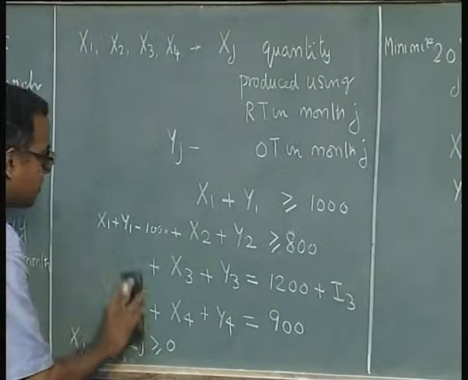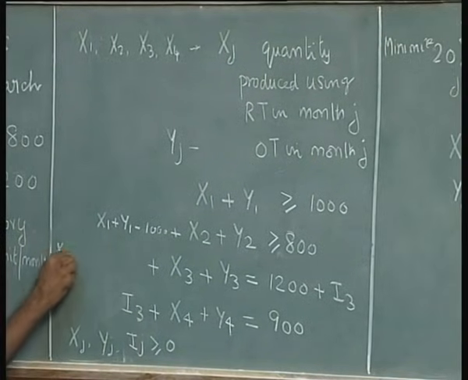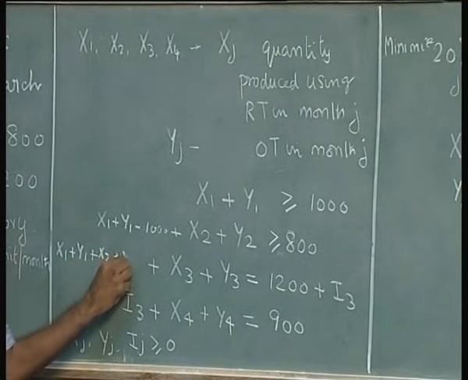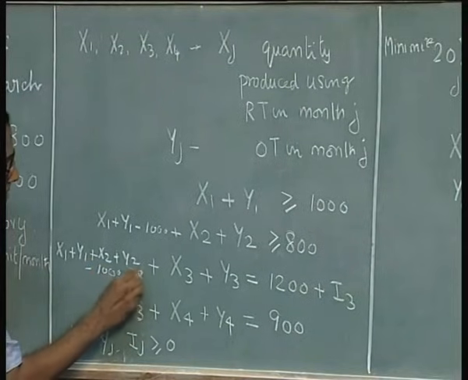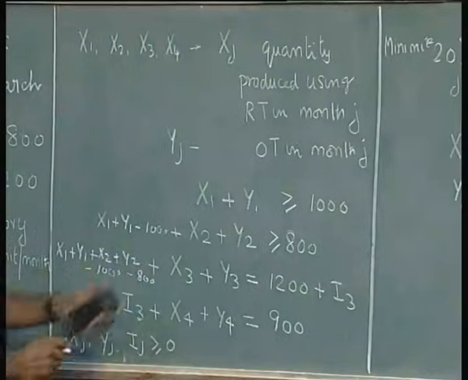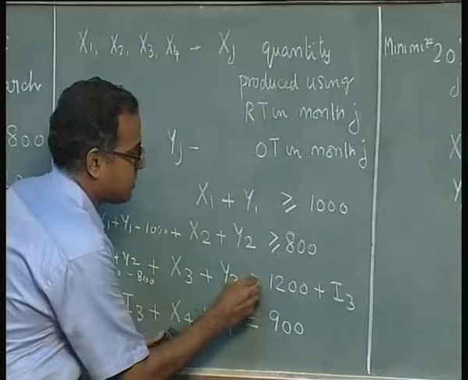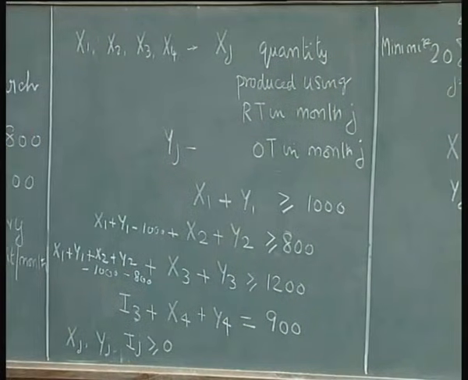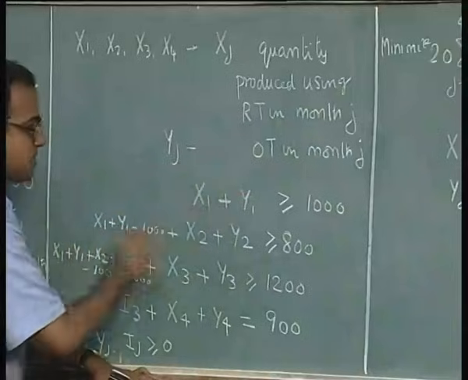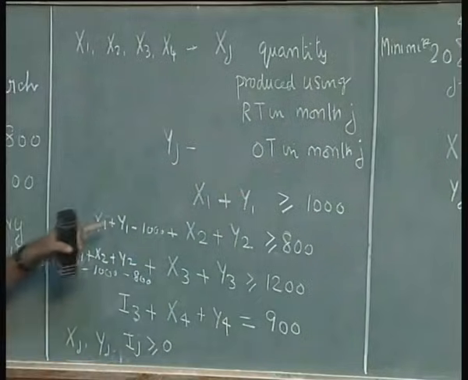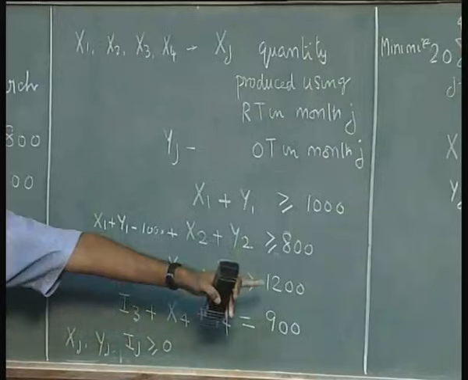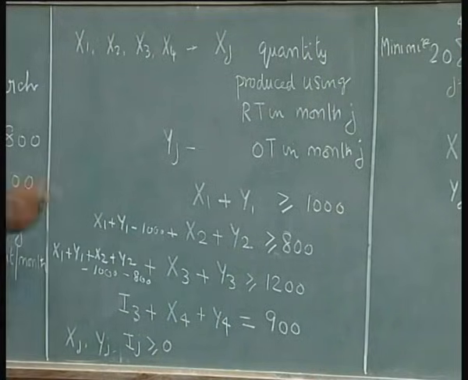So this I2 is nothing but x1 plus y1 plus x2 plus y2 minus 1000 minus 800 will be greater than or equal to 1200, and we eliminate this I3 because I2 is nothing but this left hand side minus 800. So we substitute for I2 here to get this, and we also eliminate this I3. Now we can go back to write.